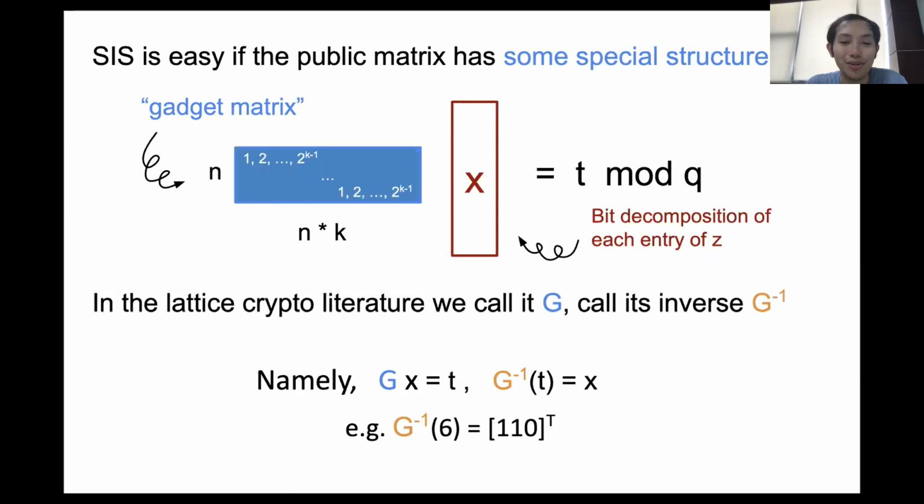Next, we will show how to use bit decomposition as a hash function. Our hash function for applying Vadim's signature scheme is exactly the G inverse function, which we call bit decomposition. Here, G represents this blue matrix, and G inverse is the inverse function.